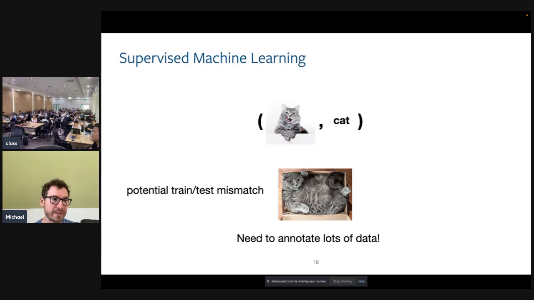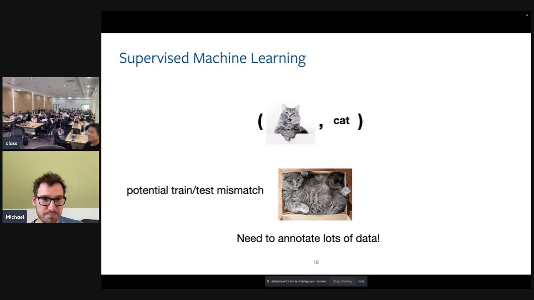We collect lots of these examples and then train systems using this data. Now, the problem with that is that you may not have collected enough diverse examples of cats, because there are many different cats and cats doing very strange things, for example, like in the bottom picture. And you may then see that your classifier cannot correctly identify the cat at the bottom simply because it hasn't seen a cat in a box.